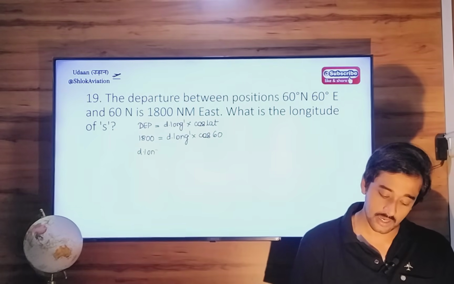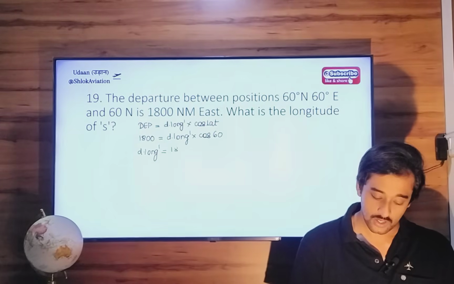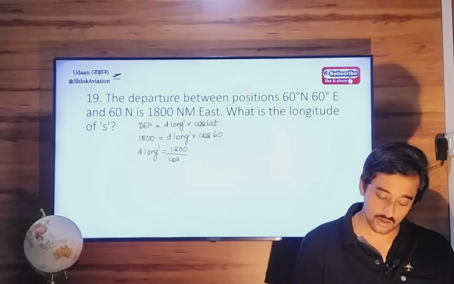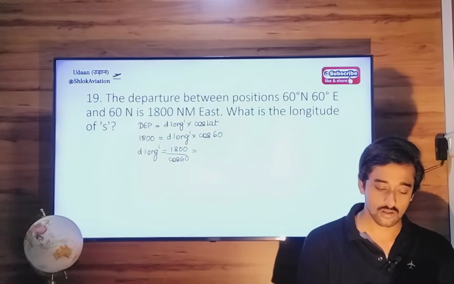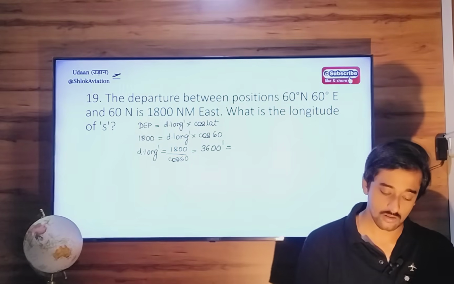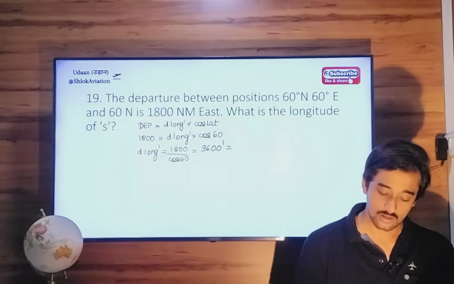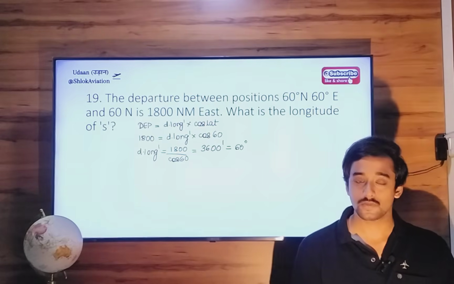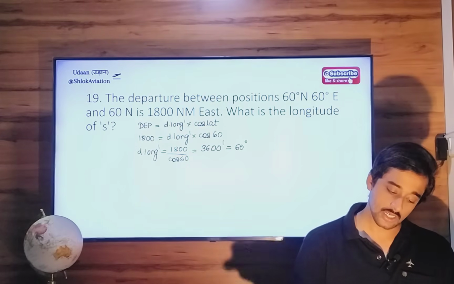So d long in minutes equals 1800 divided by cos 60, which gives degrees.